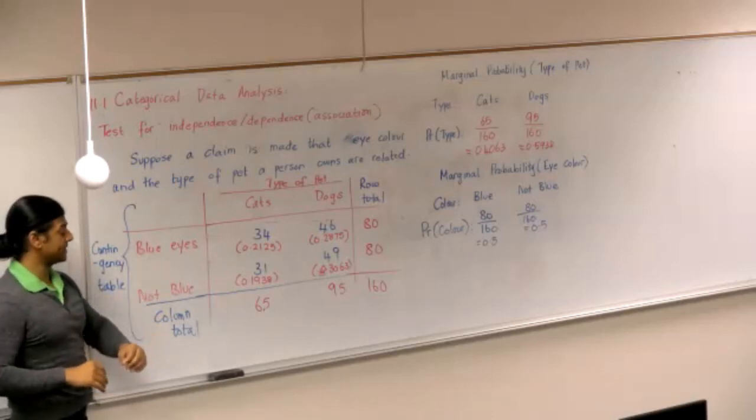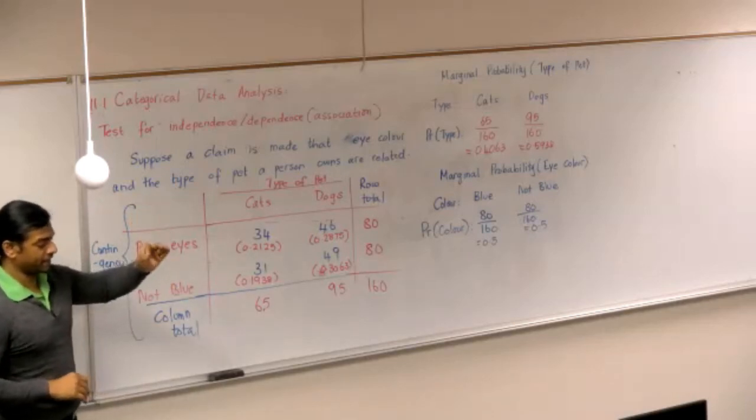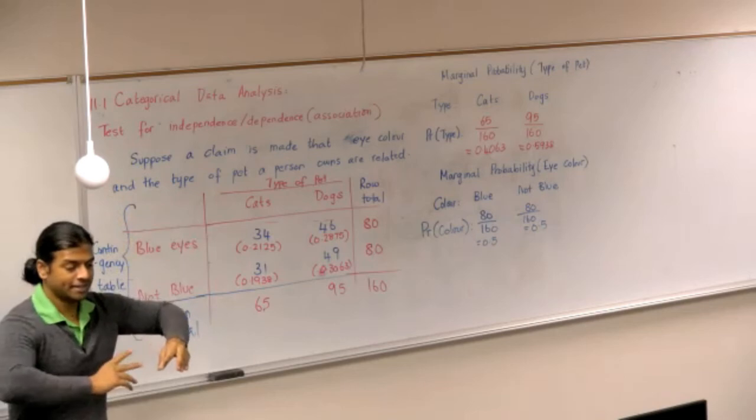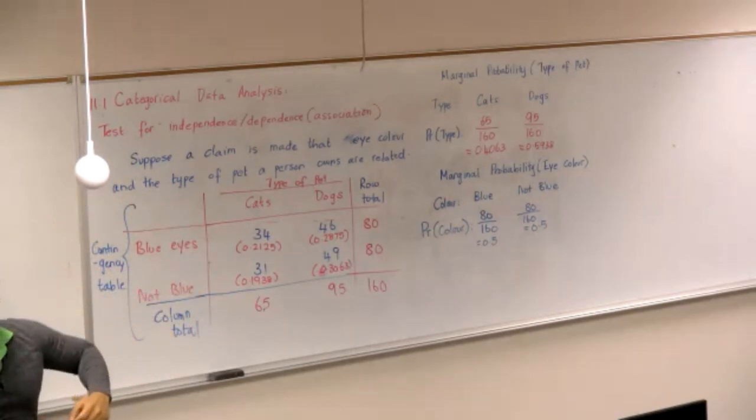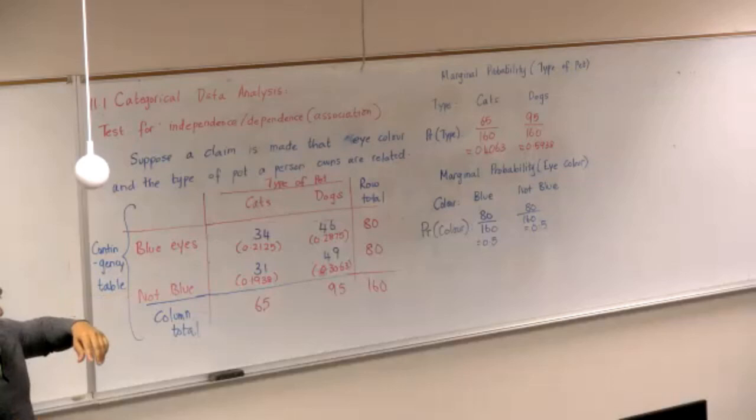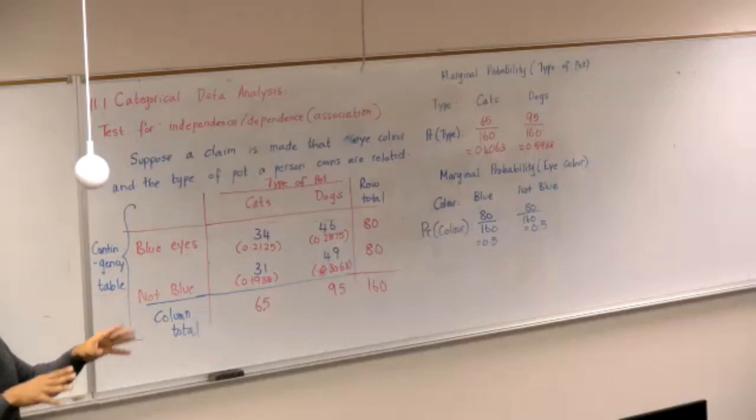What are the chances that if I picked a person they would have an eye color other than blue and own a dog? 30.63%. See the difference in interpretation?